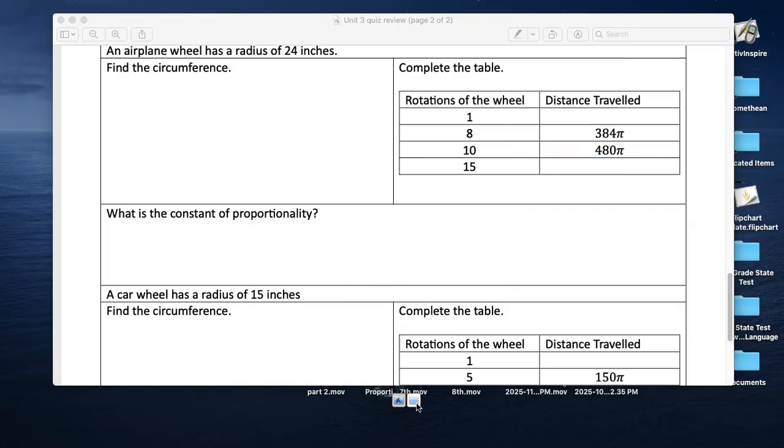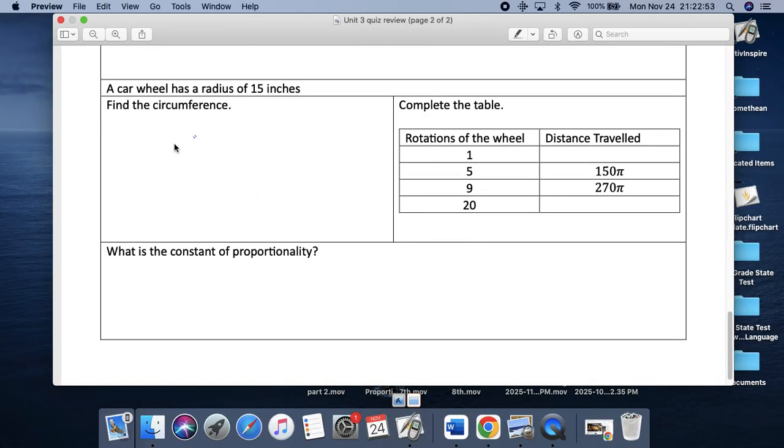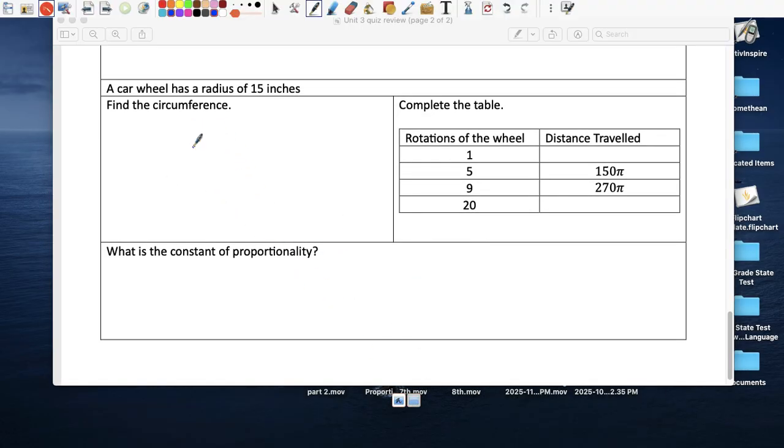Same question. A car wheel has 15 inches of radius, so draw the car wheel. R equals 15. If you know the radius, you know the diameter. What's the diameter? The diameter would be twice the radius, which is 30. Circumference is what I need to know.